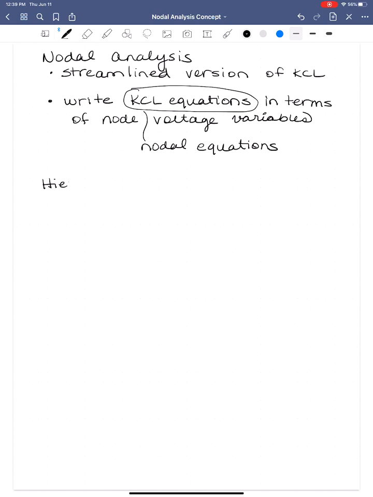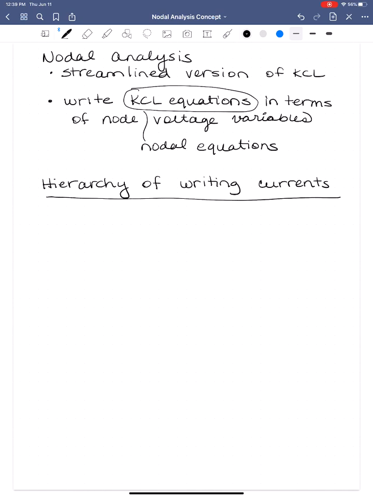So, the hierarchy for writing currents for our KCL or our nodal equations. We're going to do a set of steps here. At the top of the hierarchy is one item, and then we step down through that hierarchy.